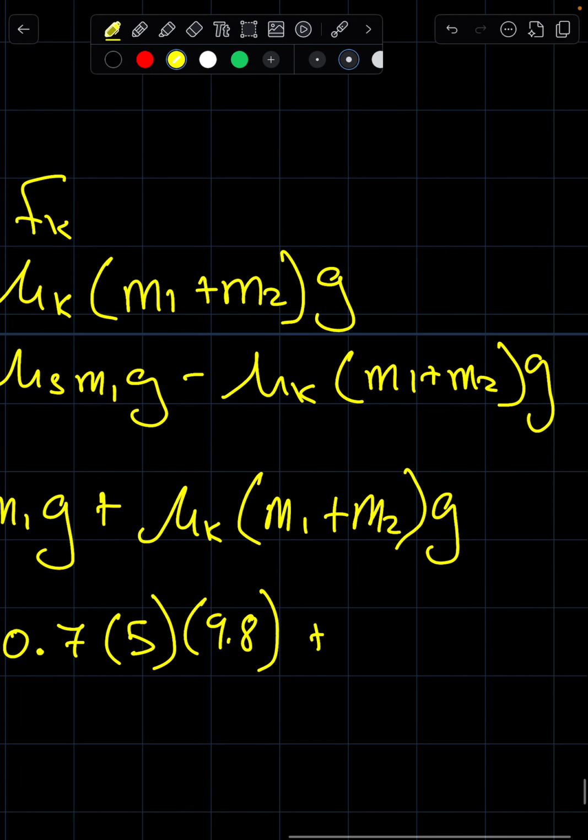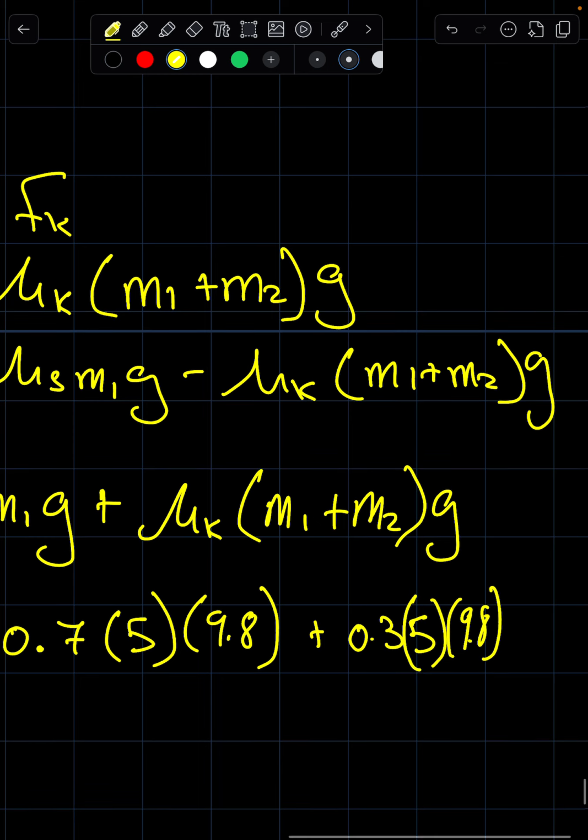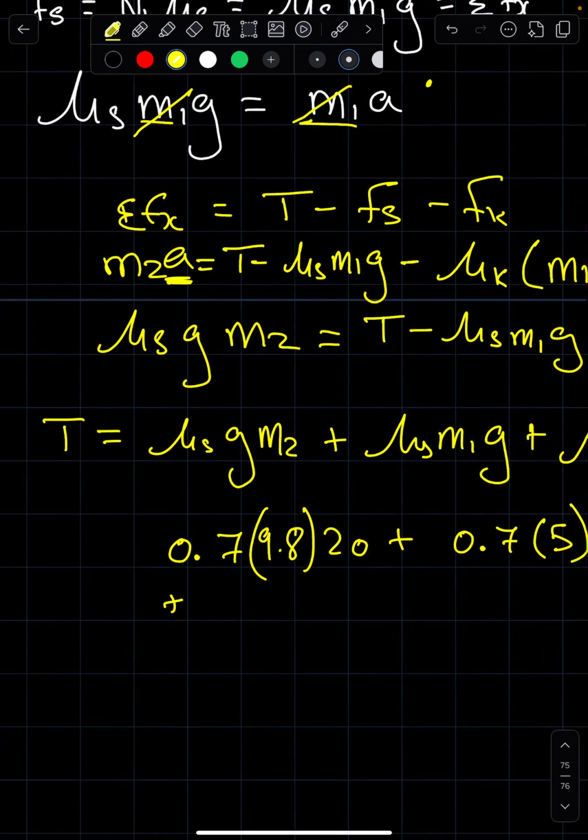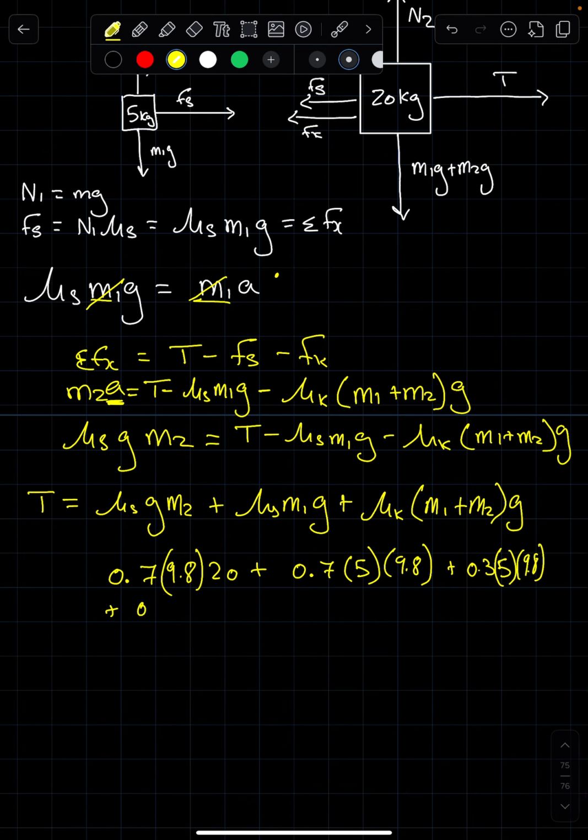Mu k is 0.3, M1 is 5, 9.8, plus 0.3, 20, 9.8.